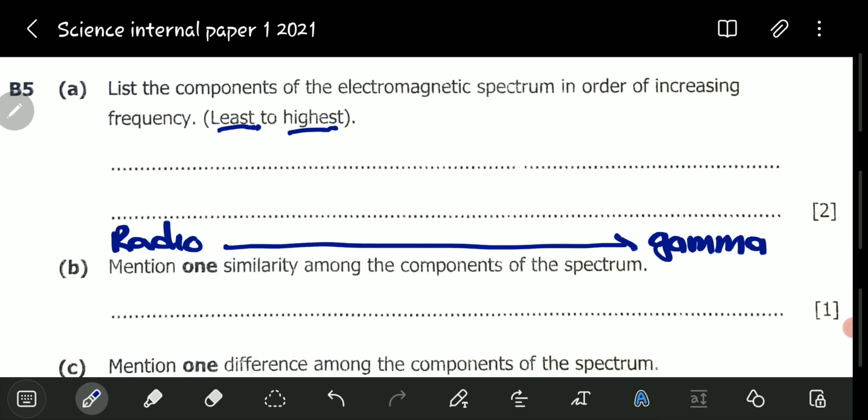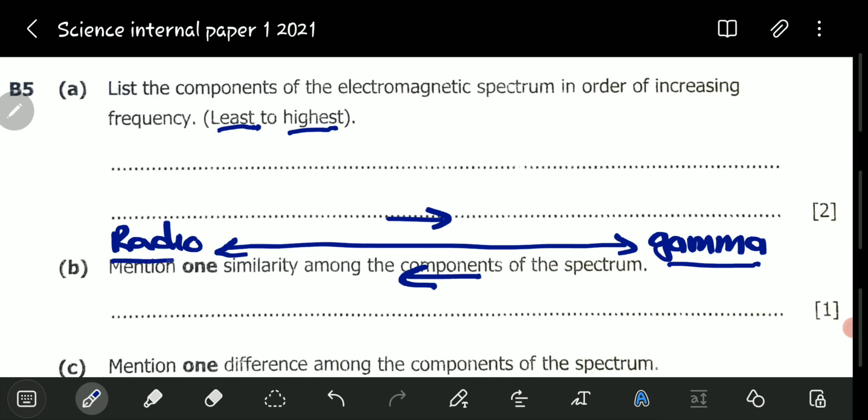Now, what we need to understand is that whether we go in this direction, there is a quantity increasing, and when we go in this direction, there is another quantity increasing. Gamma rays are the most energetic of all the electromagnetic waves.